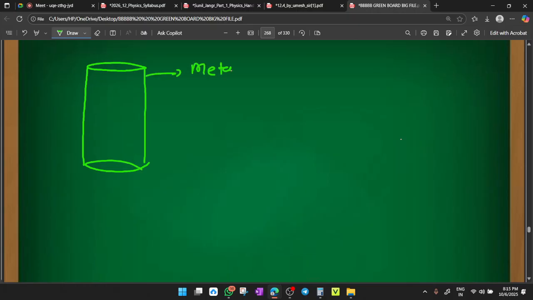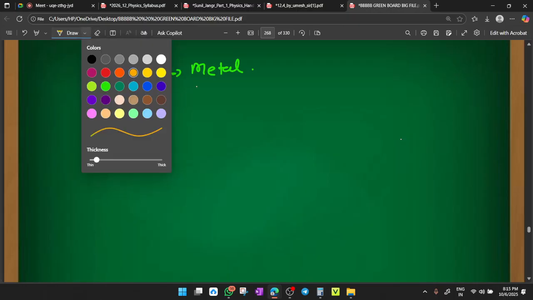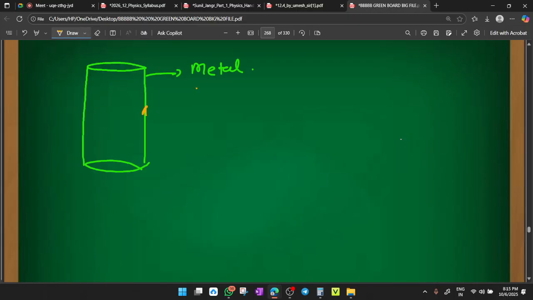This is our conductor, and this conductor is made up of metal, right? Metallic cylinder is there. And as I said, in the case of a metallic cylinder, all the current is passing through the surface.